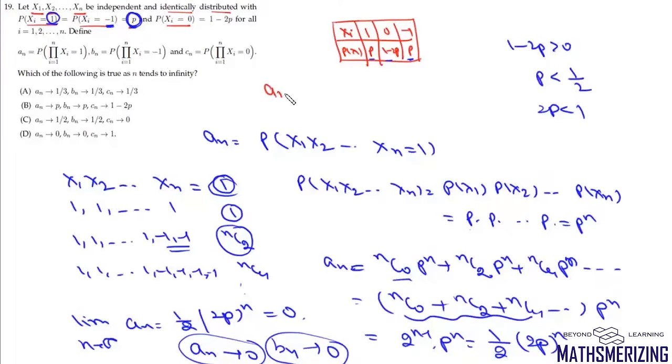That means the sum An plus Bn plus Cn will be 1. Now the limiting value of An and Bn is already 0. So from here we can say the limiting value of Cn will then be 1. So the answer to this question will be An tends to 0, Bn tends to 0 and Cn tends to 1, and that's your option number D.